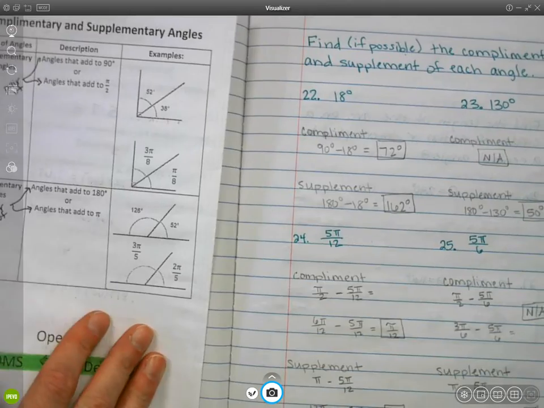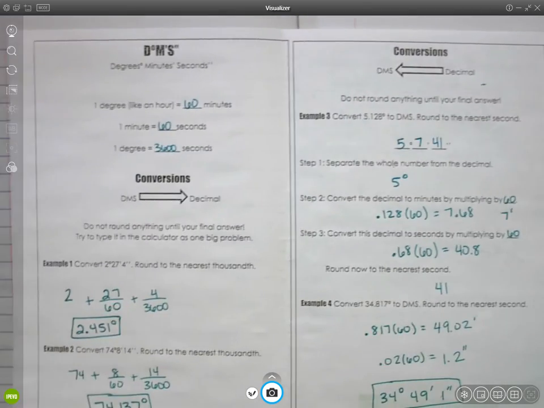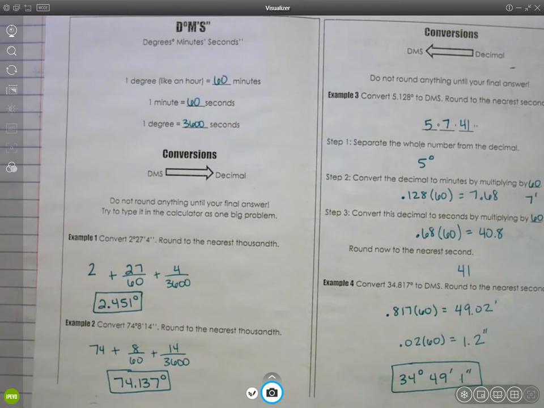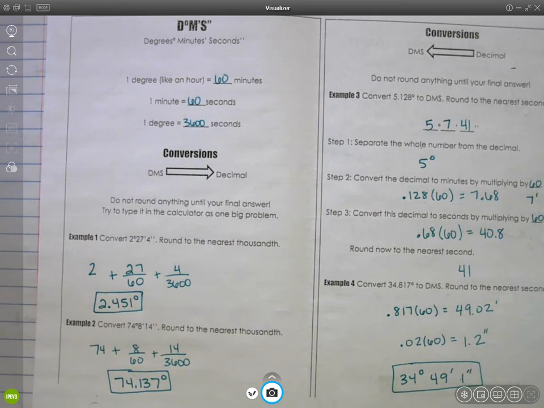The other thing that's on this paper is we have degrees, minutes, seconds, and converting from degrees, minutes, seconds to decimal degrees. Decimal degrees is when you have regular numbers like 42.5 degrees. Degrees, minutes, seconds is when we've broken it down.